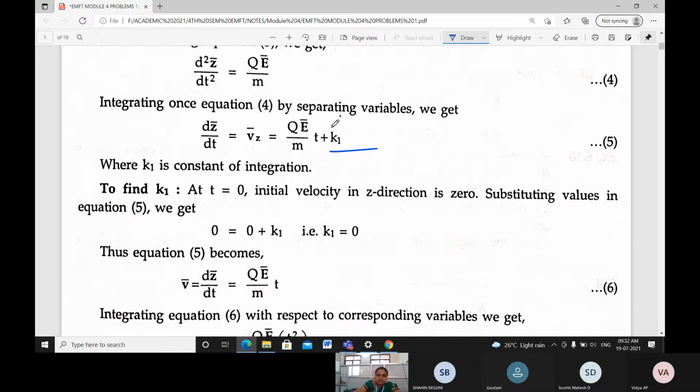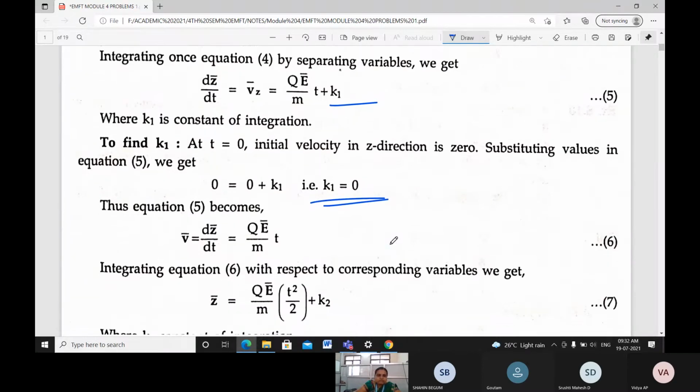We have to find the value of k1. At t equals 0, the initial velocity in the z direction is 0. Then the equation gives 0 equals k1, so k1 is 0.